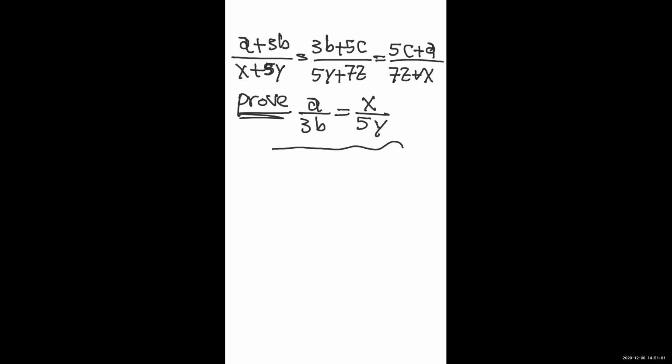So now on the numerator, here I want to get A. So on the antecedents of the three ratios, A plus 3B, 3B plus 5C, 5C plus A, I want to get A only. So I want to remove B and C, right? Are we correct till now?